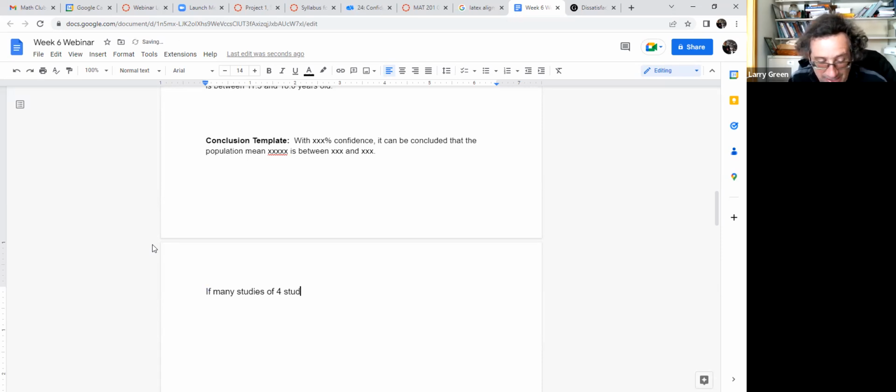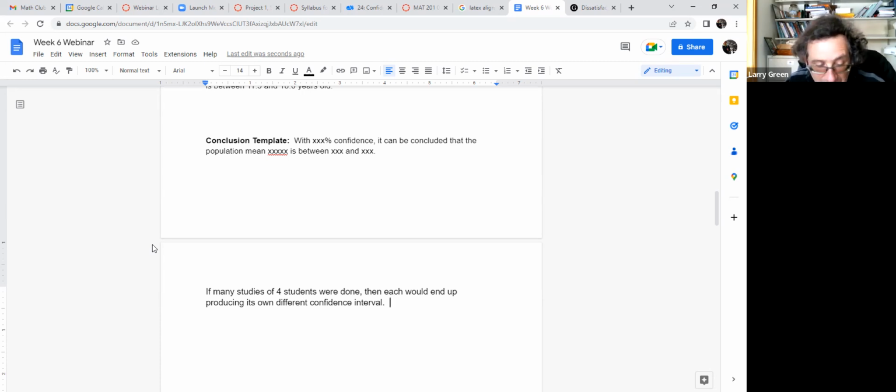If many studies of 4 students were done, then each would end up producing its own different confidence interval. If I ask 4 different students, I'm going to get a different confidence interval. Does that make sense? And if I went and asked another different group of 4, I'll get a different confidence interval because they're going to have different answers, right?